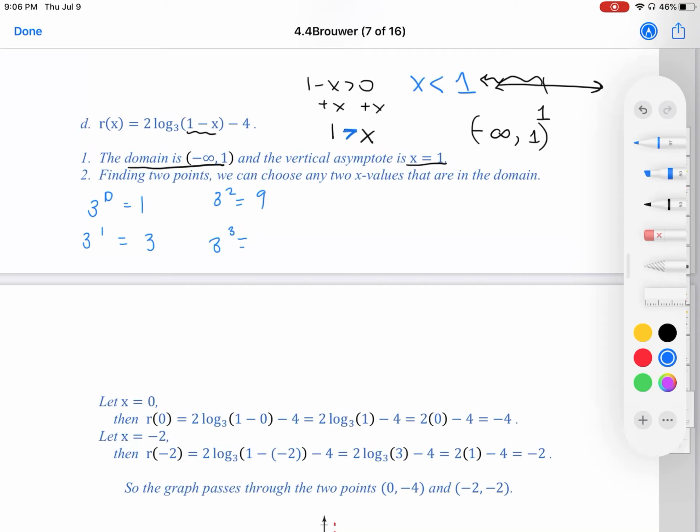And 3 cubed is 27. Just to list a few. It would be nice if I had something where I'm left with 1 in my parentheses, or a 3, or a 9, something from our exponent form.